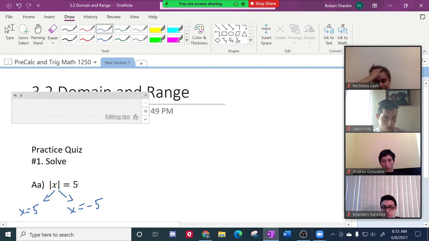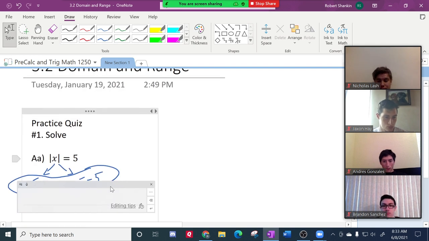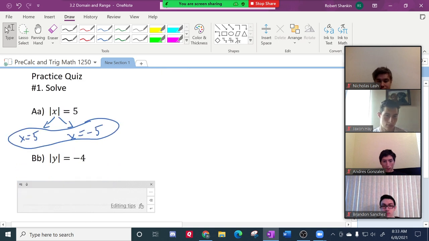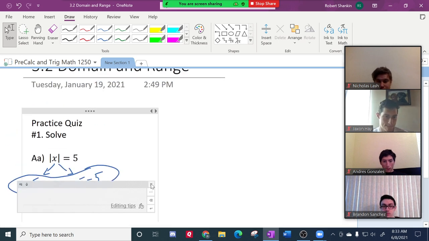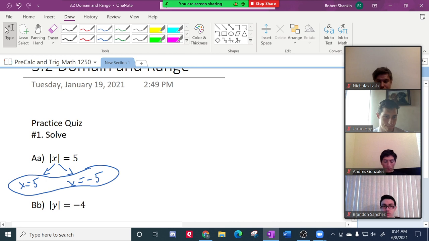So in general, an absolute value equation will give you 2 solutions. We have these 2. Alright, so let's go to part B, absolute value of y is equal to negative 4. Go ahead and solve that one.